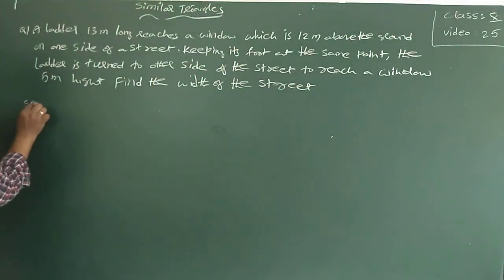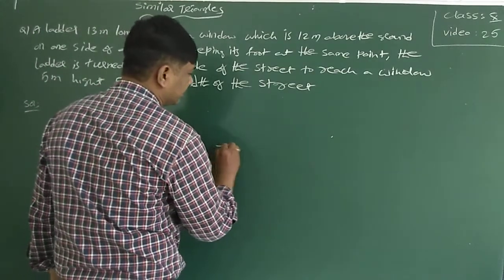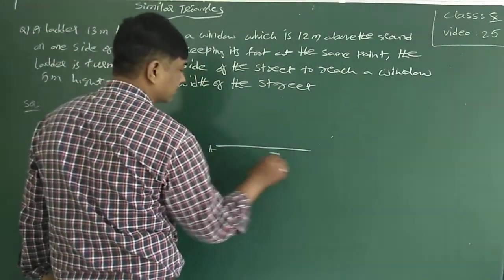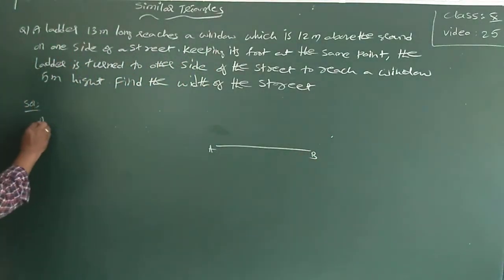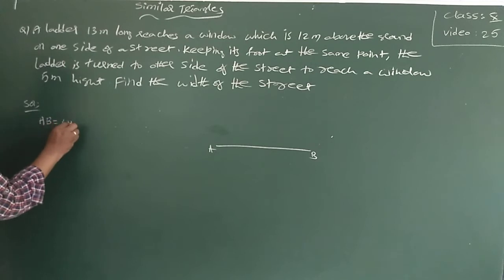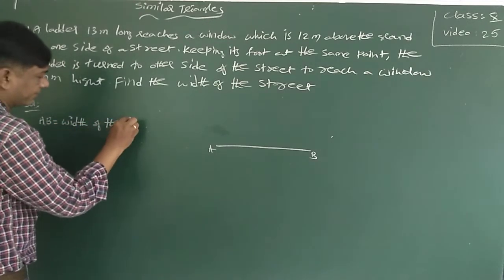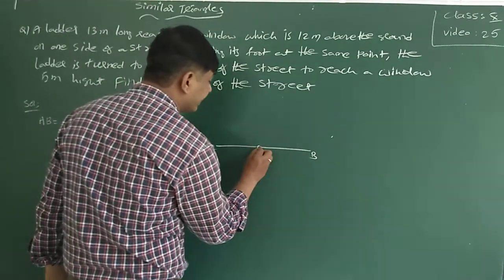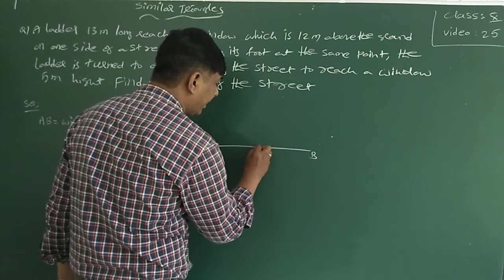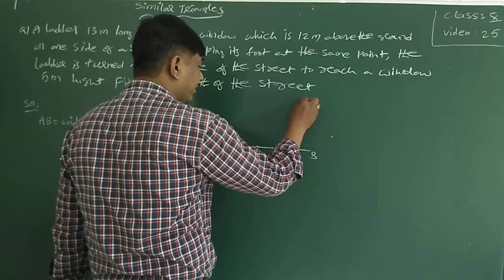See here, numerical problem. This is the street. AB is the width of the street. In the middle, a point E I marked.